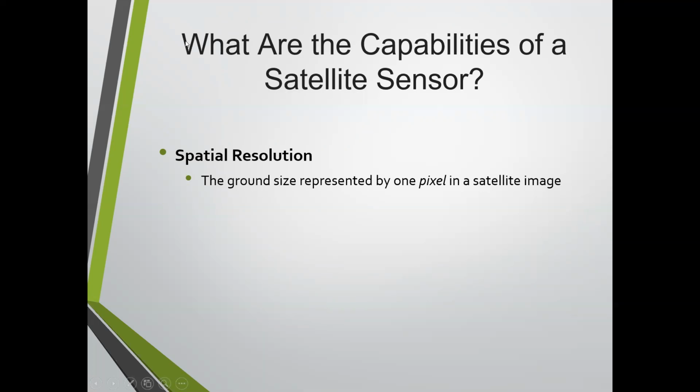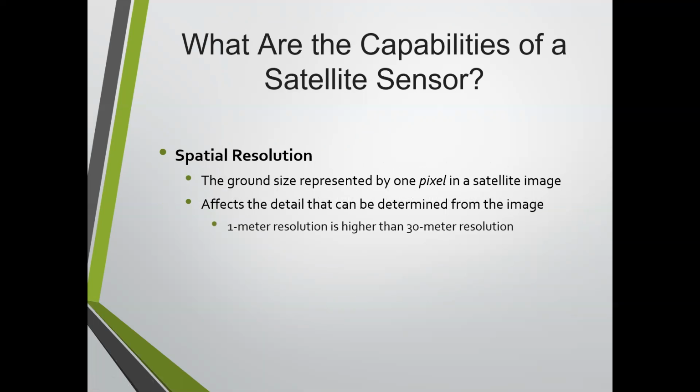And remember, the smaller the number, the higher the resolution. This greatly affects the detail that can be determined from that image, because if you have a 50 meter by 50 meter resolution, you're not seeing much. But if you can push that down to a 1/2 meter by 1/2 meter, you're seeing much more detail. So a 1 meter resolution is way higher than a 30 meter resolution.